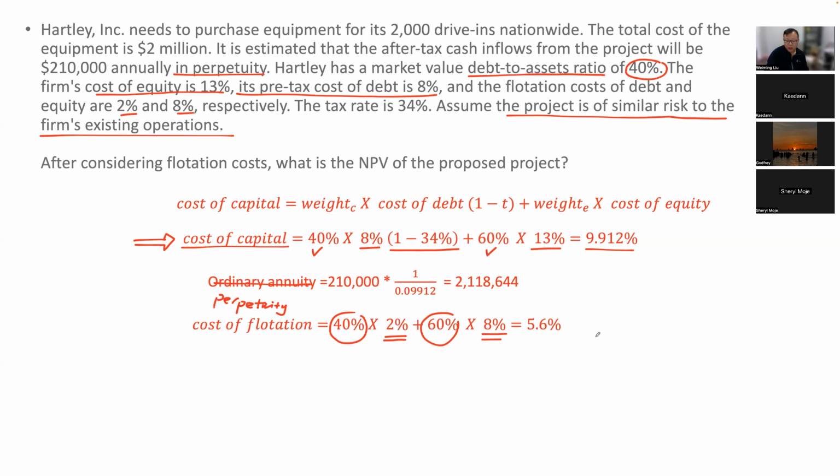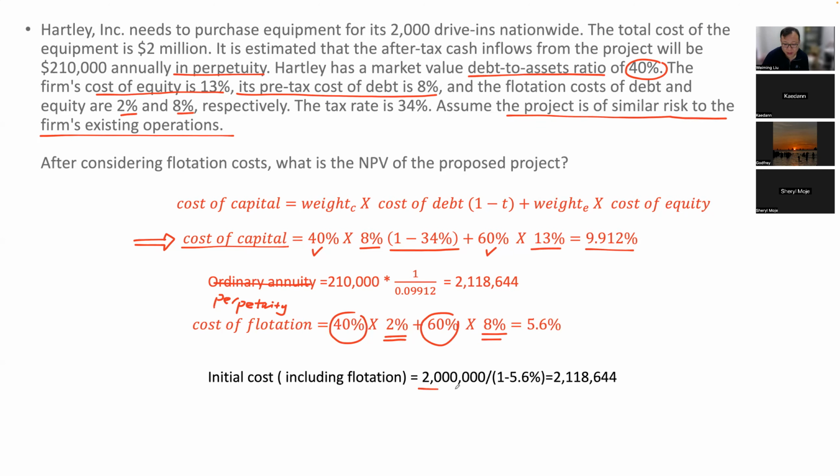To raise $2 million, the initial cost is not $2 million, because it costs you money to issue debt and issue stocks.